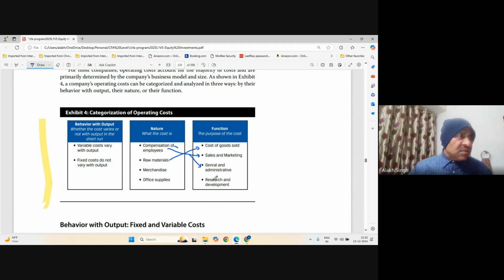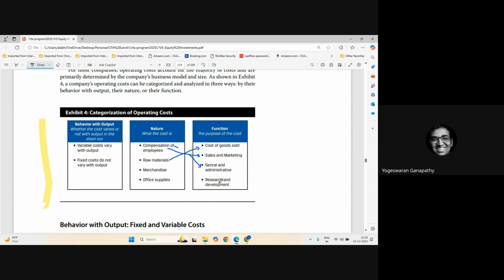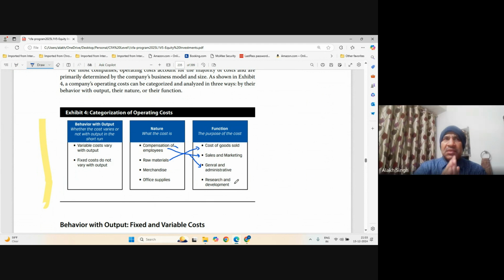Do you remember that in technology? Yeah, I remember that research and development was operating if it is expensed, the entire research and development. Then it becomes operating cost. And if it is carried over time, then it is no longer operating cost. Yes, sir. It becomes investing part.